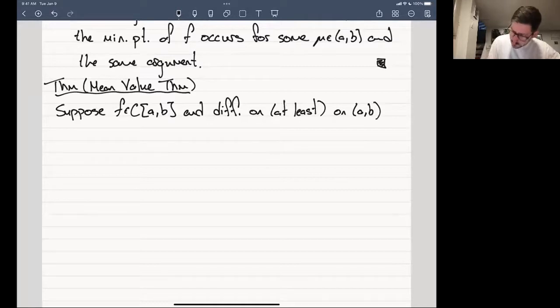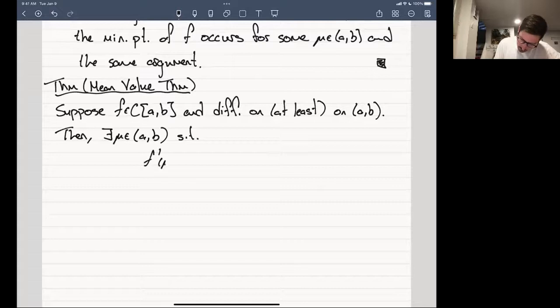So derivatives exist at every point except maybe the endpoints. Well, then there exists some mu in the interior such that the derivative of f at mu is equal to f of b minus f of a divided by b minus a.